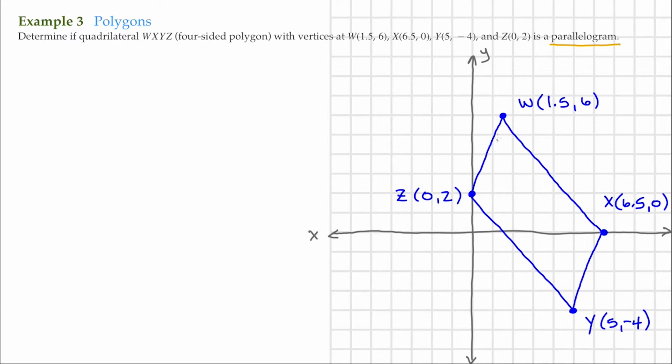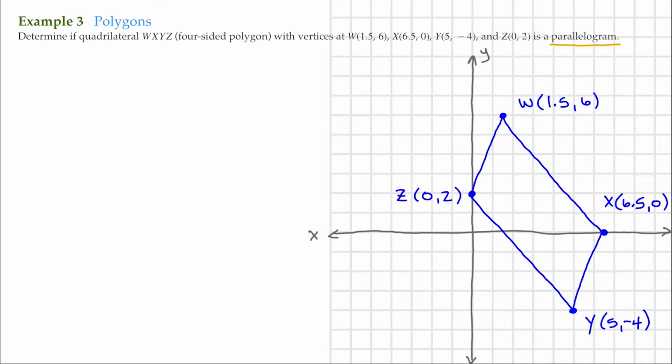Consequently, this line segment WZ must have the same slope as this line segment XY. If the opposite sides are parallel to each other, they have those corresponding slopes, then of course this quadrilateral is indeed a parallelogram.